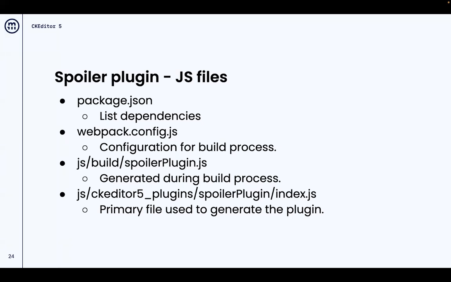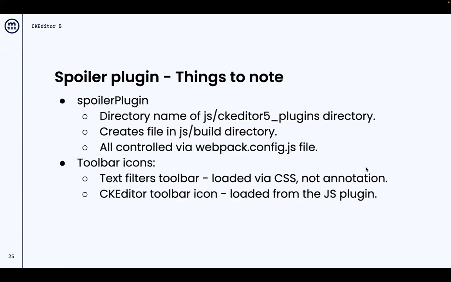And that leads to, when you run it, you end up with a file in the js/build directory that is named after the directory, a subdirectory in the js/ckeditor5_plugins directory. And in there you have an index.js, and that's kind of the primary starting point for the plugin itself. We'll get to that in a moment.